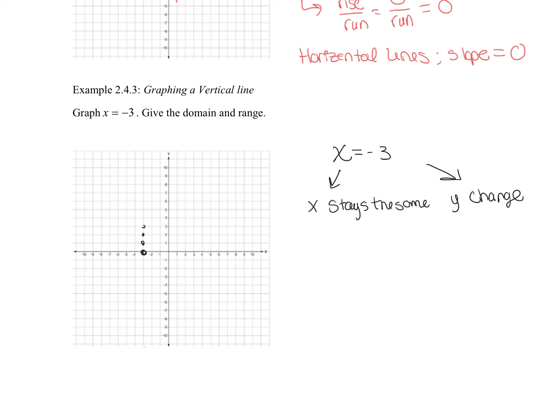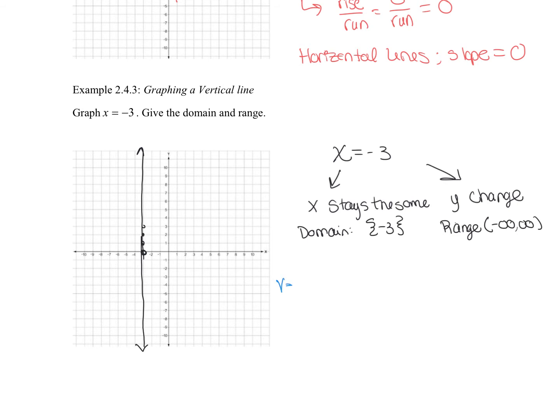It's always negative 3. So y can move up and down, but the x is always going to be negative 3. So since the x stays the same, my domain is going to be just negative 3. But since y is changing and moving both up and down, my range is going to be negative infinity to infinity.